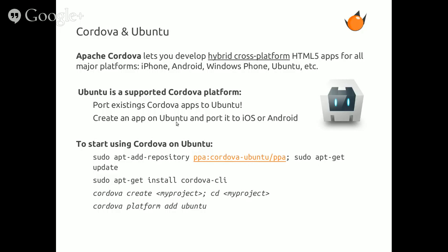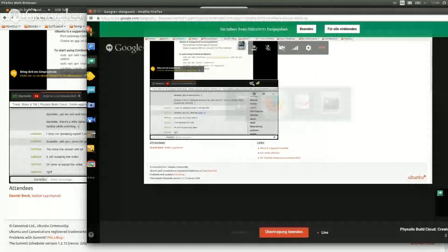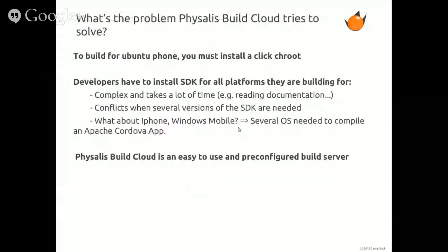The main problem with Apache Cordova is that you have to install the SDK, and this can be difficult. So in the case of Ubuntu Phone, you have to install the click chroot first.